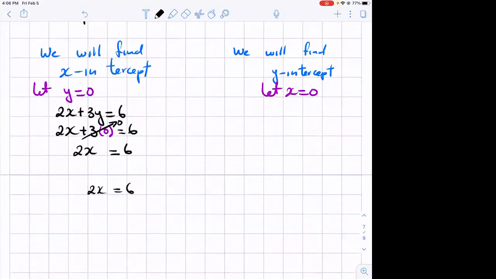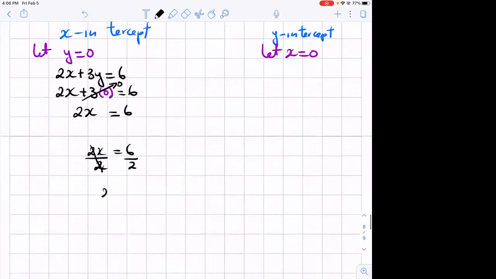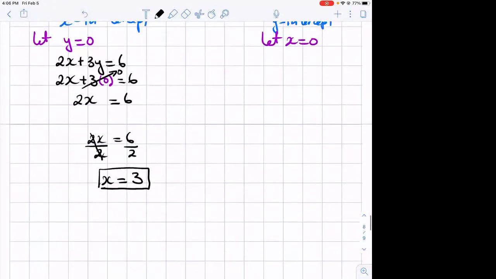Therefore, to get x by itself, we will divide both sides by 2. So x is equal to 3. Now you're not finished, because remember, you chose y to be 0. So the point you really have here is 3, 0. I would strongly suggest, as soon as you find this answer, write your point. Okay? Write your point.